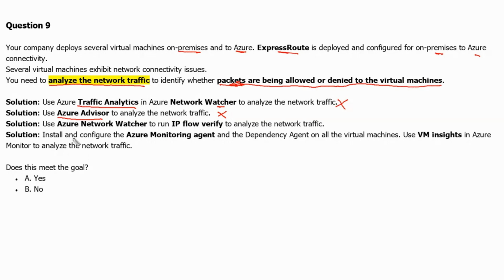Another solution is install and configure the Azure monitoring agent and the dependency agent on all the virtual machines. Use VM Insights in Azure Monitor to analyze the network traffic. Let's understand what VM Insights will do for us.